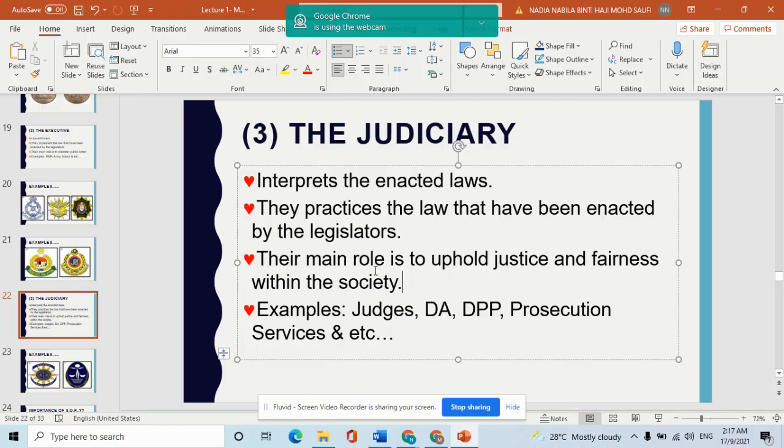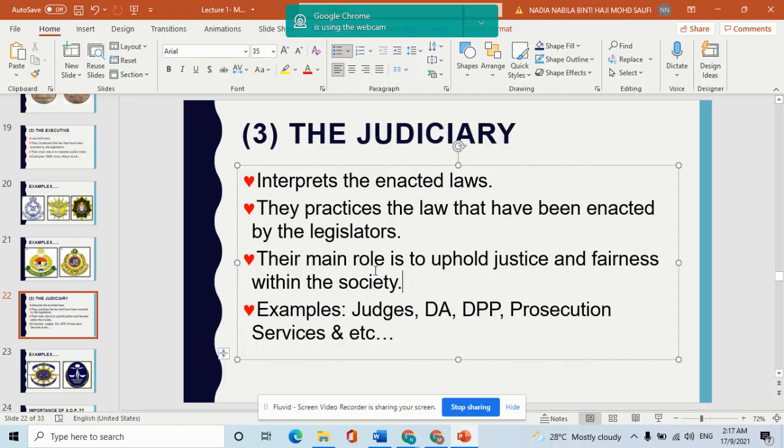So examples of the judiciary bodies are judges, DA, District Attorney, DPP, Deputy Public Prosecutor, and prosecution services, whatever they may be, and so on. There's a lot. Those who are involved in practically using the laws.